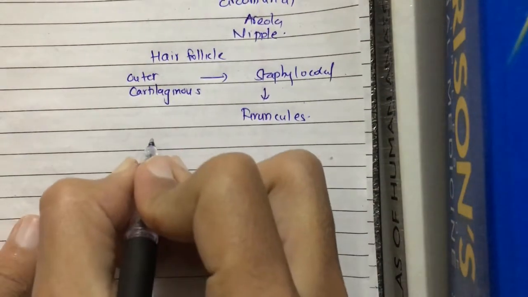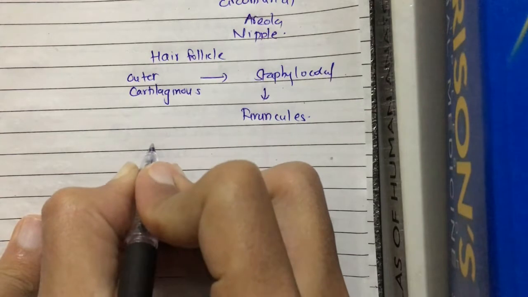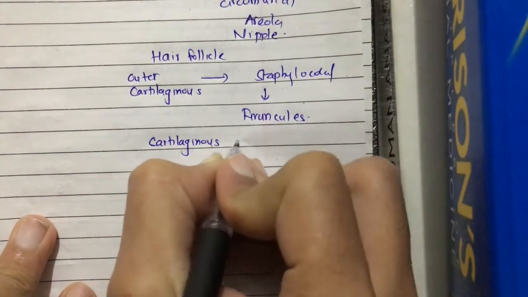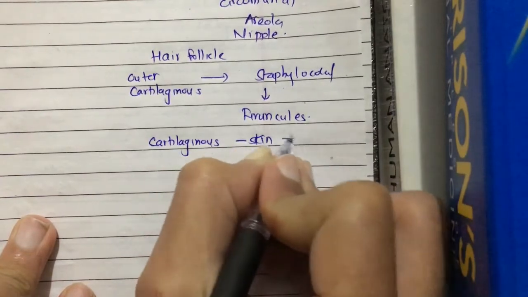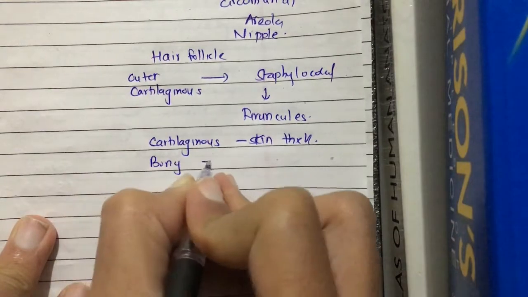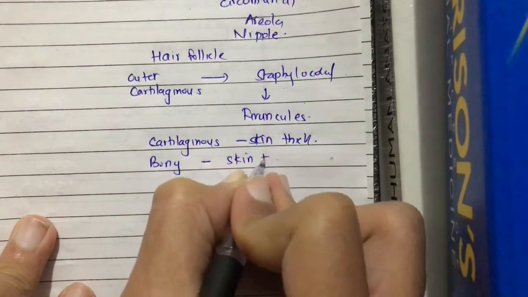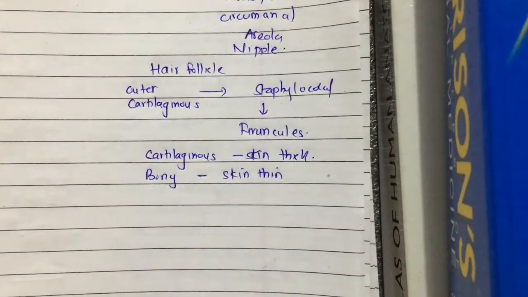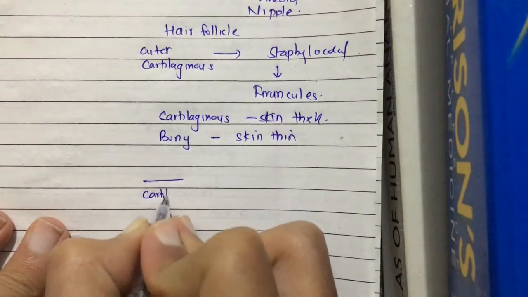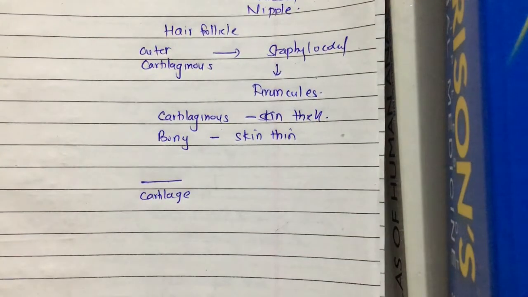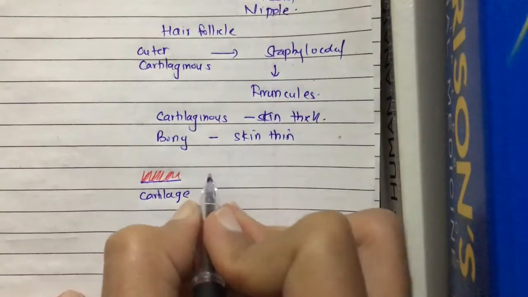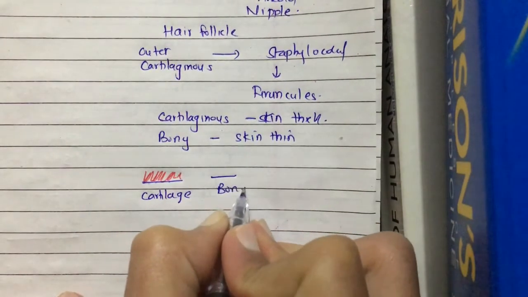We should also remember that in the cartilaginous part, the skin is thick, whereas in the bony part, the skin is thin. We can remember it this way: since the cartilage is weak, the skin is thick, and since bone is hard, the skin is thin.